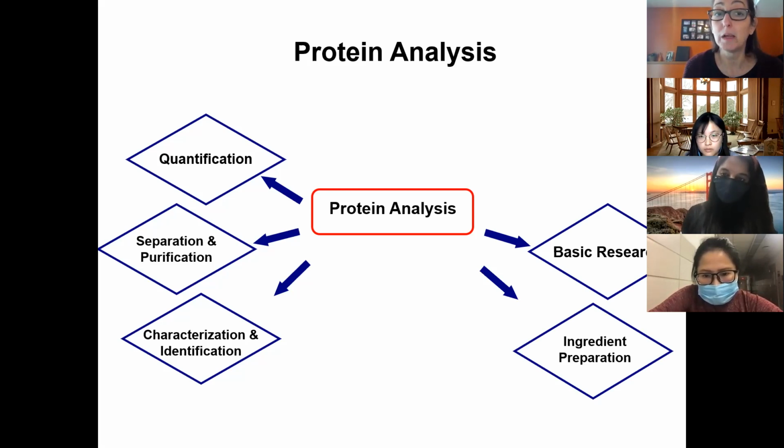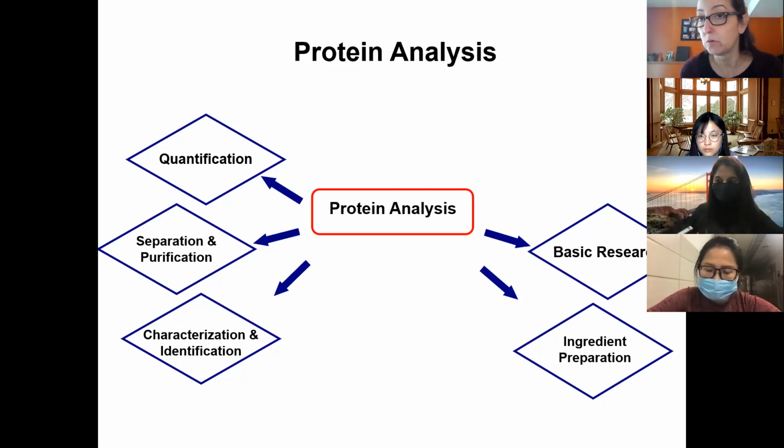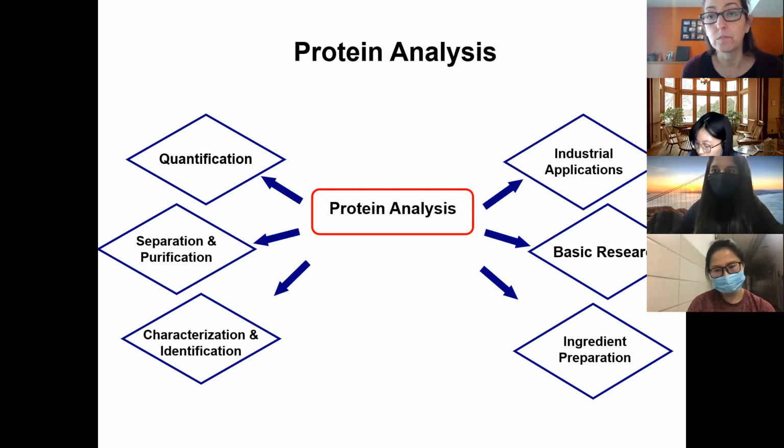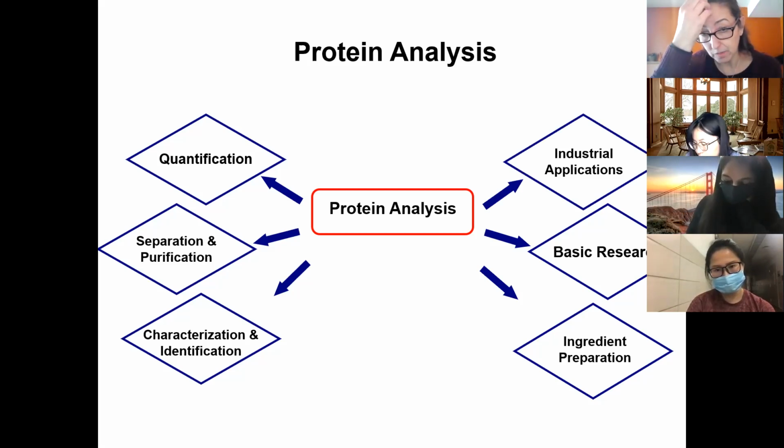We look at impact of different purifications on the structure and functionality. So basic research, that research that will lead potentially to identifying industry feasible protocols to produce ingredients, identifying applications for specific ingredients, protein ingredients we're talking here. That's the industrial applications, basically.